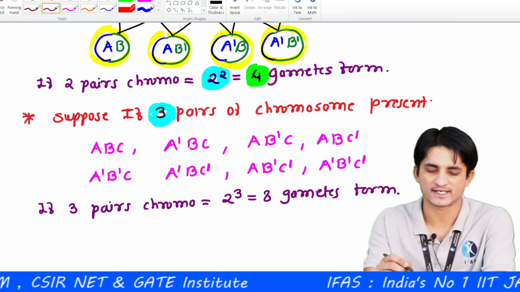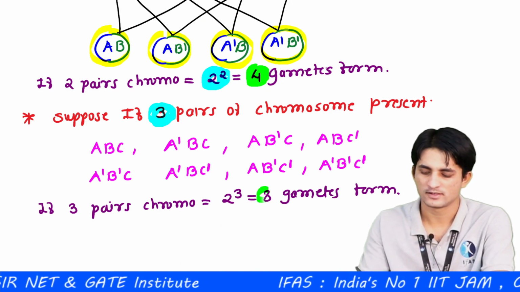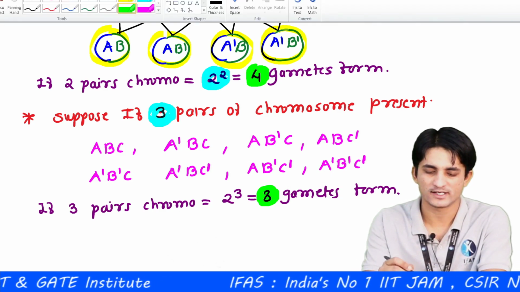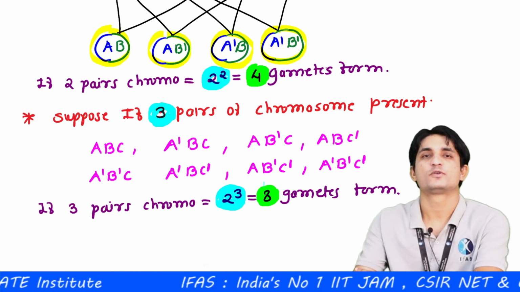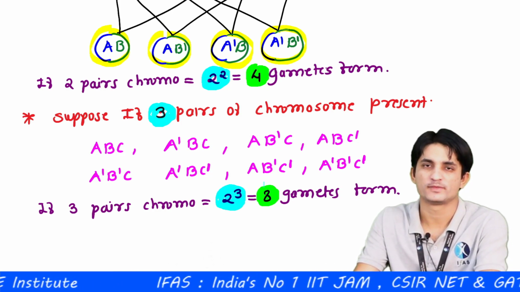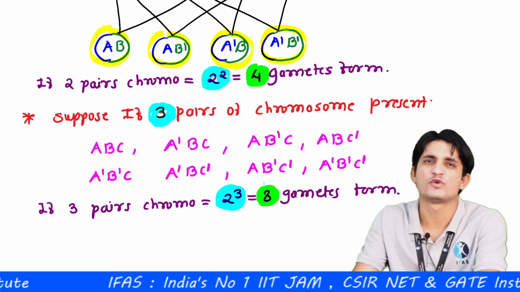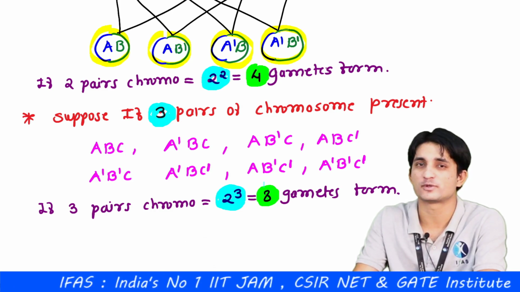So is that correct? Correct. If 3 pairs are there, then 2 raised to 3 gametes are formed. Now see, if 2 pairs, 2 raised to 2 gametes form. If 3 pairs, 2 raised to 3 gametes form. If 4 pairs, 2 raised to 4 different types of gametes form. If 5 pairs, 2 raised to 5 different types of gametes form.